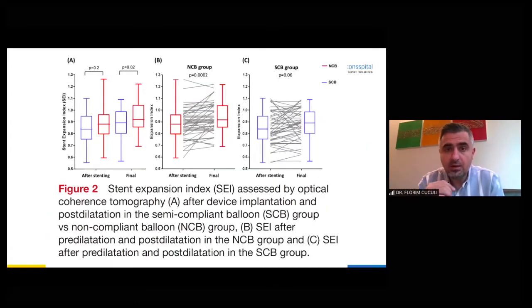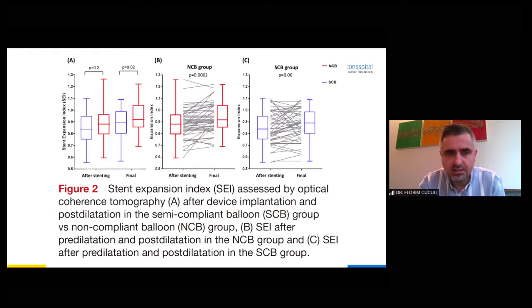We learned how to implant stents and how to prepare the lesion when we did this study, which unfortunately did not receive a lot of attention, because also the design could have been better. But what we saw here, just briefly, we did a study where we randomized 50 to 50 patients, semi-compliant or non-compliant balloon for lesion preparation.